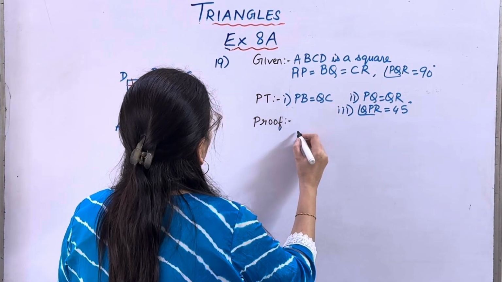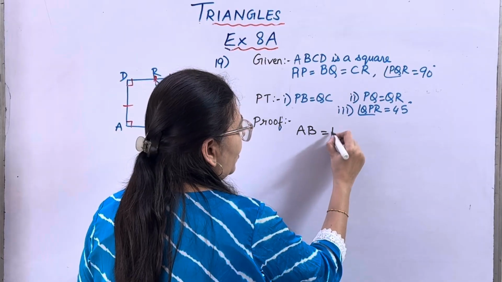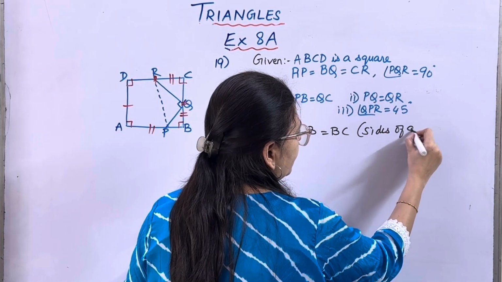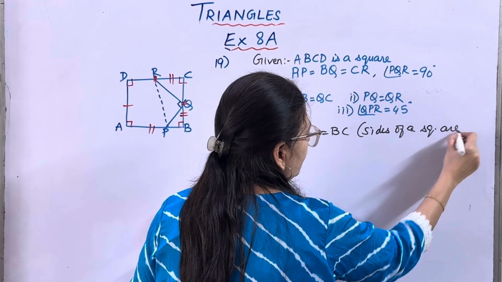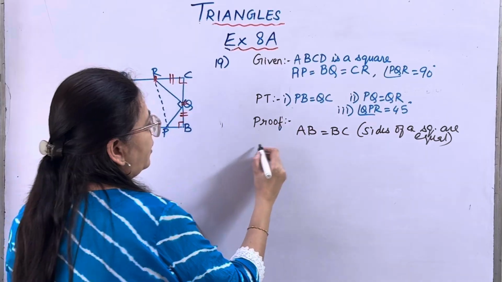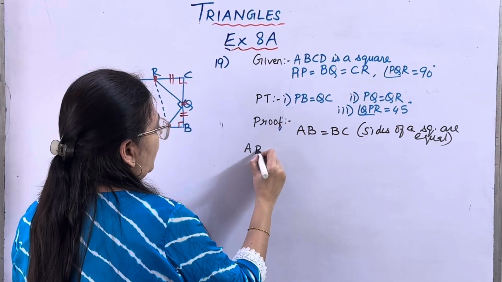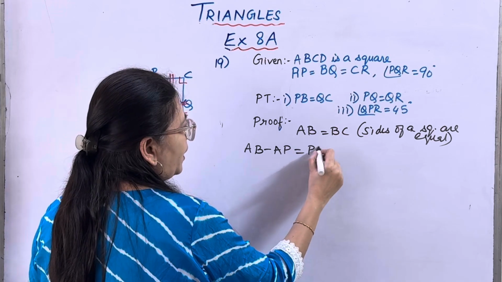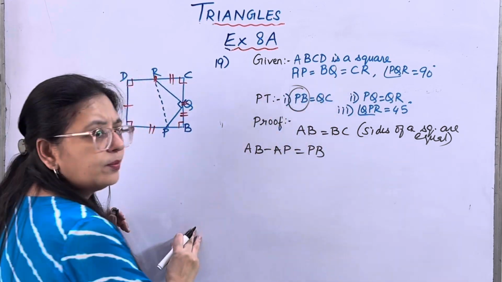Now since it is a square, AB will be equal to BC. Why? Sides of a square are equal. Right? And so AB minus AP, you will get PB, because that's what you have to prove.